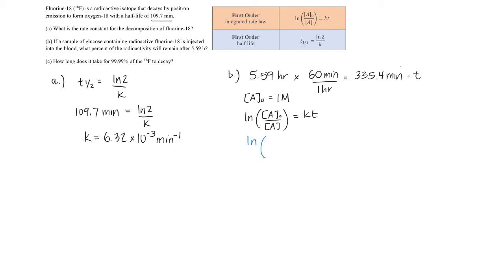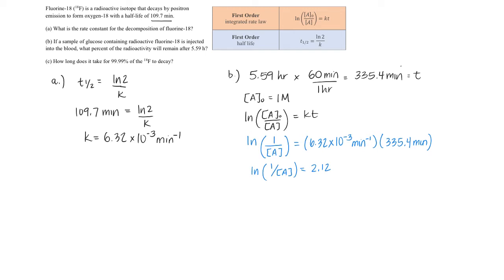Natural log of our A naught, which is 1, over A, where we want to calculate the final concentration, is equal to k, which was calculated in part A, 6.32 times 10 to the minus 3 inverse minutes, times the time, which is 335.4 minutes. Simplifying the right side gives us the natural log of 1 over A equal to 2.12.